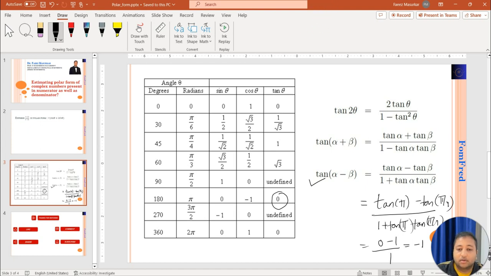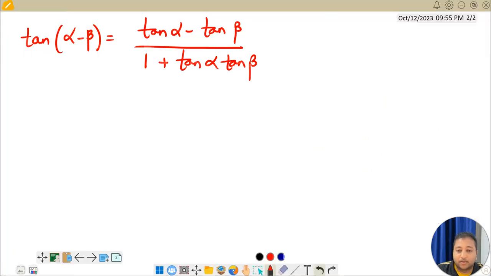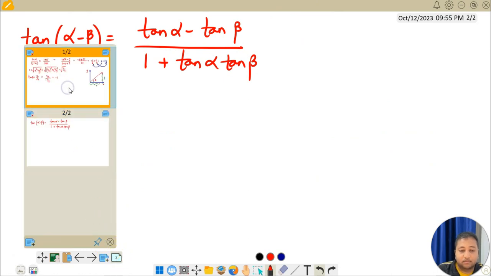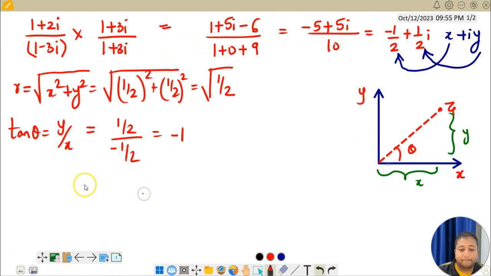So I will take you back over here. How can I write this? tan of (pi minus pi by 4) is equal to minus 1.